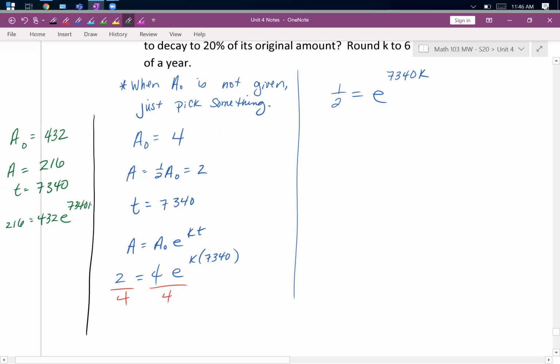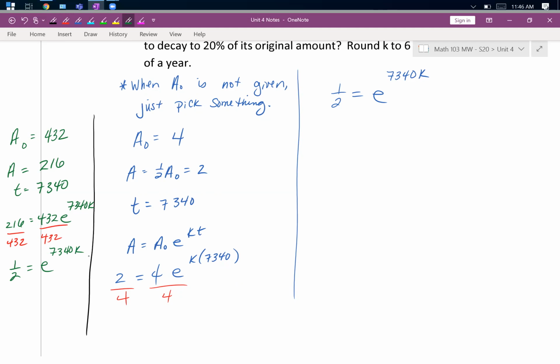The first thing we do is isolate the exponential by dividing by our coefficient. And notice that we get a half again. 1/2 equals e to the 7,340k power. Because A and A sub 0, one's half of the other, once you isolate the exponential, you're always going to get a half on the other side.